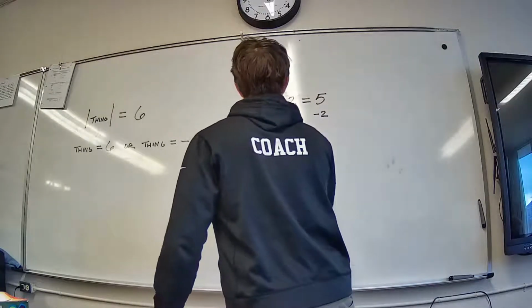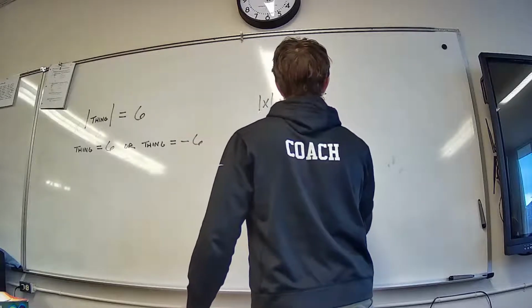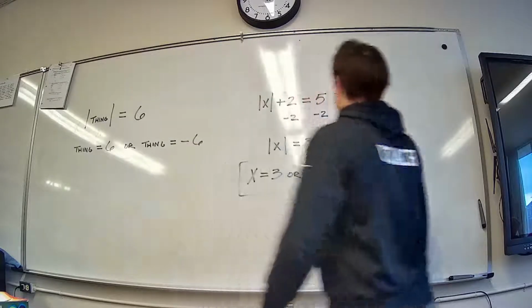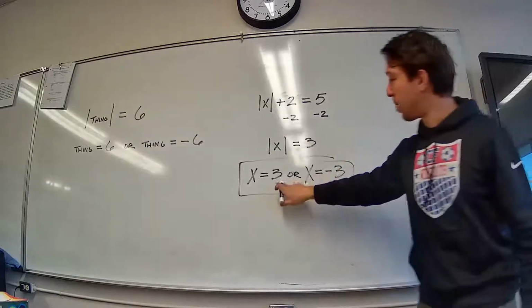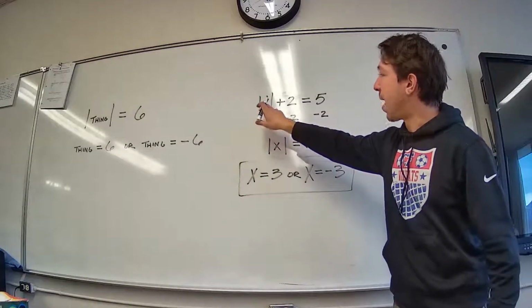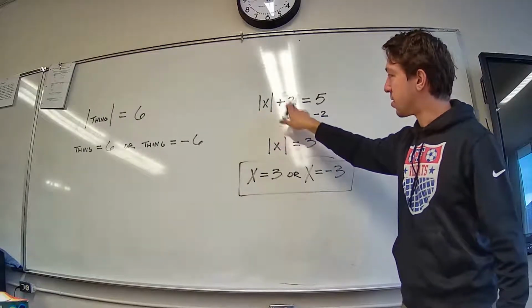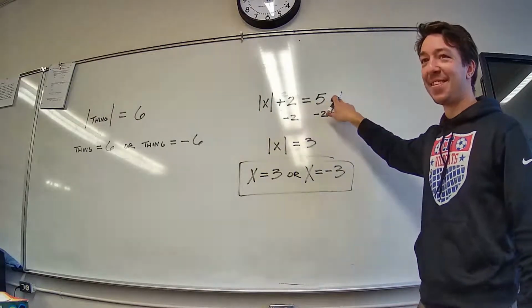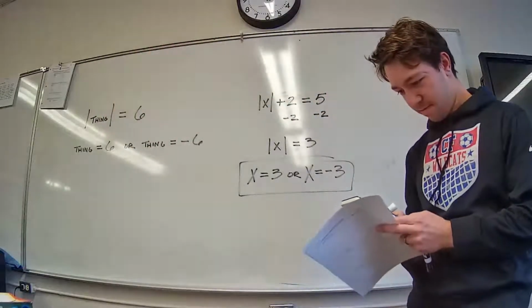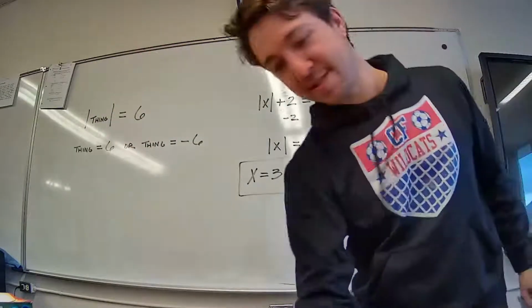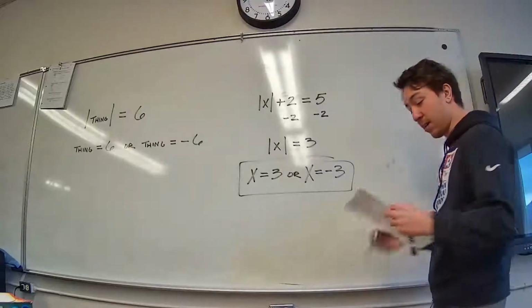Either x is 3 or x is -3. And we just ask ourselves, does that answer make sense? If I plug 3 back in, is the absolute value of 3 plus 2 equal to 5? Yeah, it is.